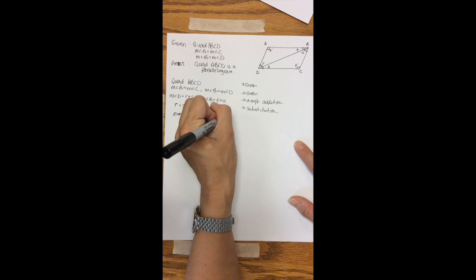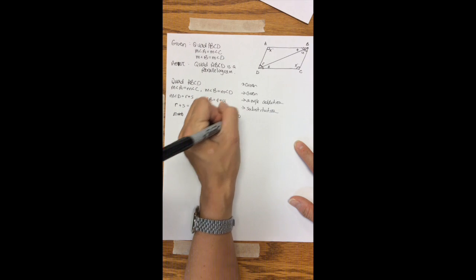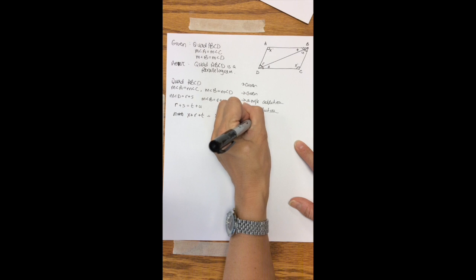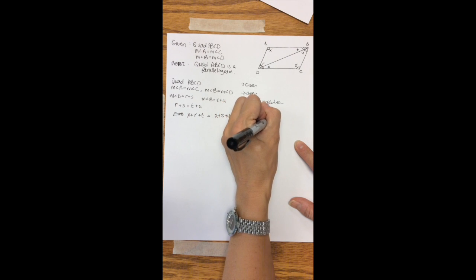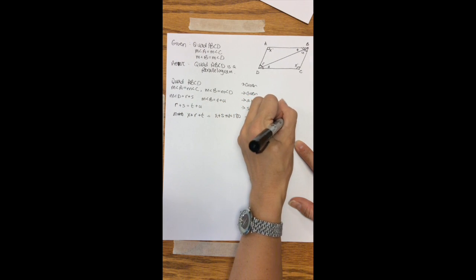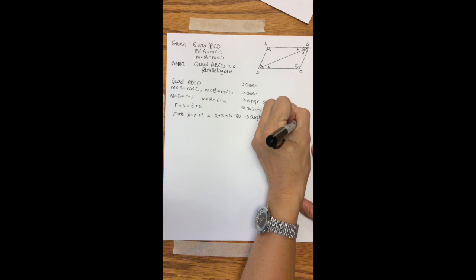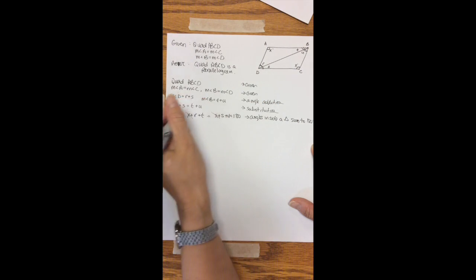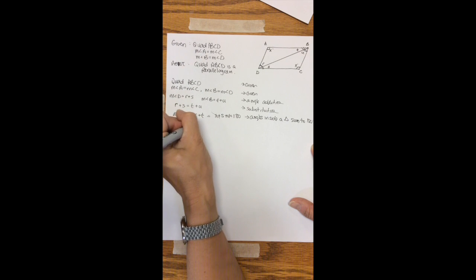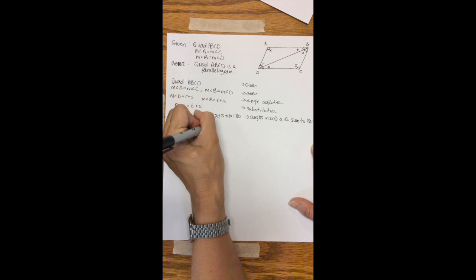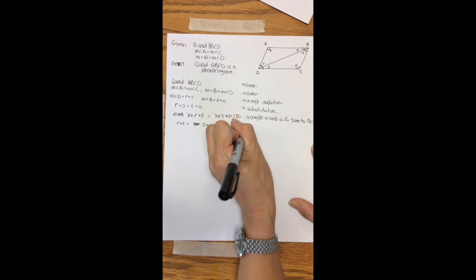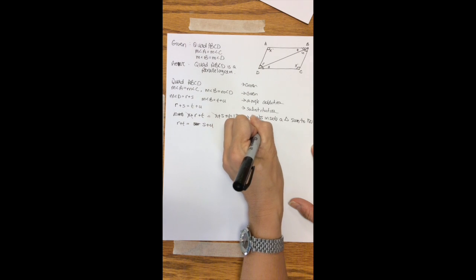X plus S plus U equals 180, and that's just the angles inside a triangle sum to 180 degrees. Now we can go ahead and subtract X from both sides. R plus T equals S plus U. I keep doing that, writing SU. I don't know why, something in my head. And that's just the subtraction property.